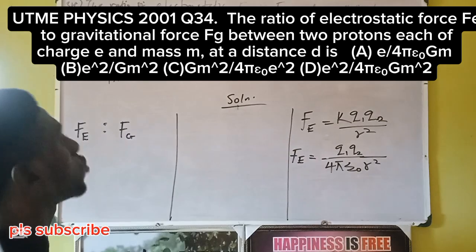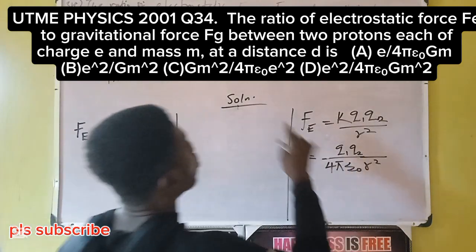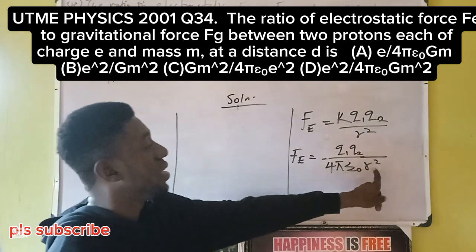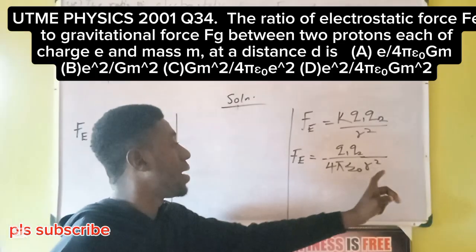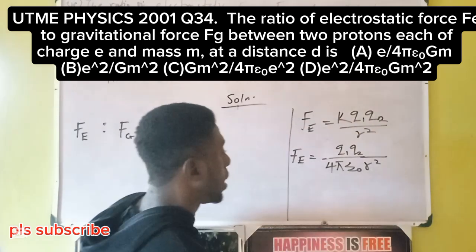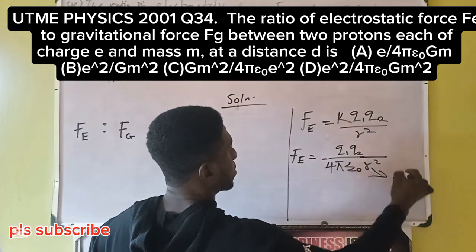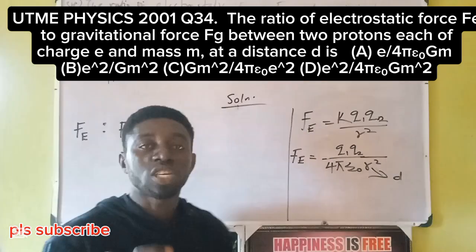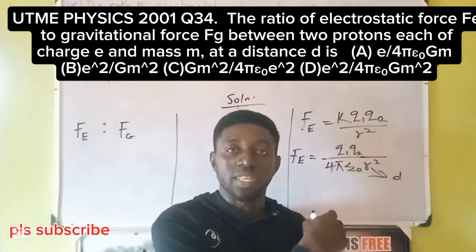Going back to the question, let's use the actual symbols the question demanded. The r here implies distance. The question says I should use d. The q here implies charge. Proton is a charge.